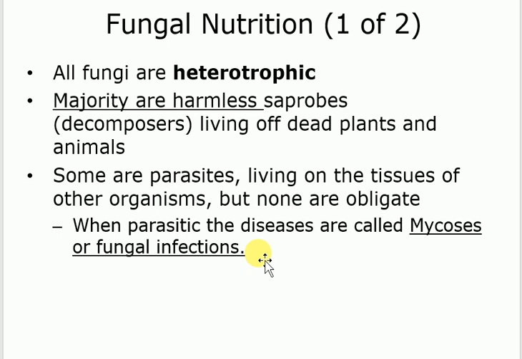Some of them are harmful. The harmless ones are the ones that are actually beneficial, like saprobes. Saprobes is the name of the fungus that's responsible for decomposition. Do you remember decomposition?